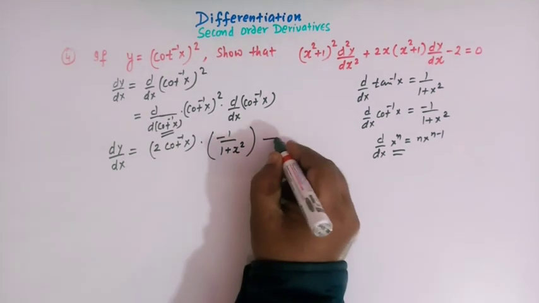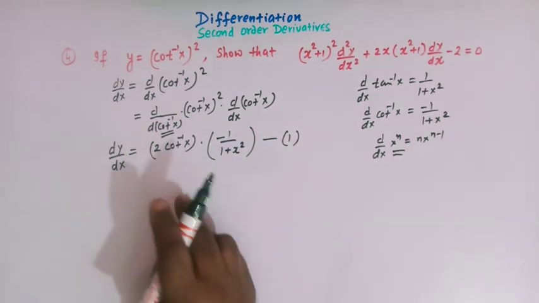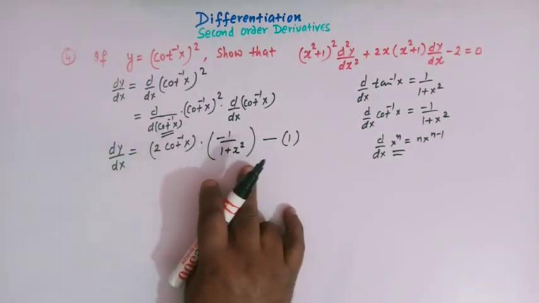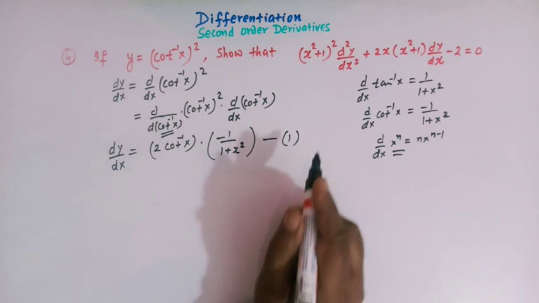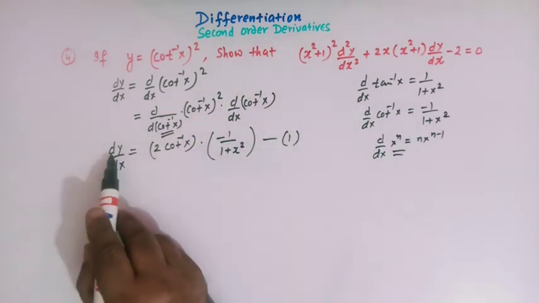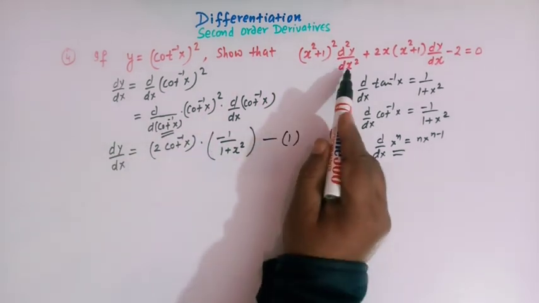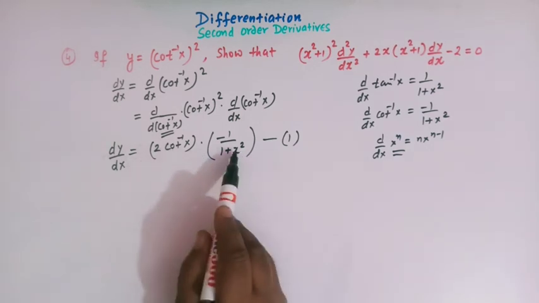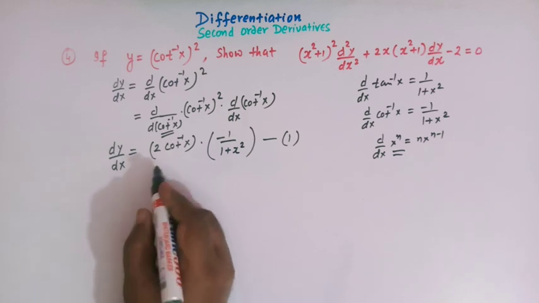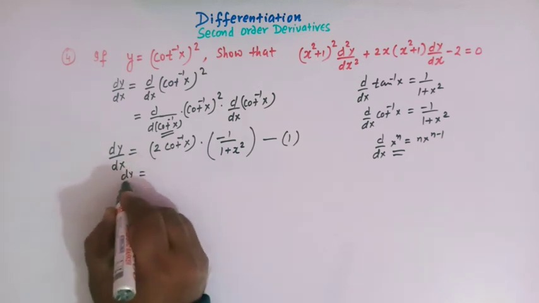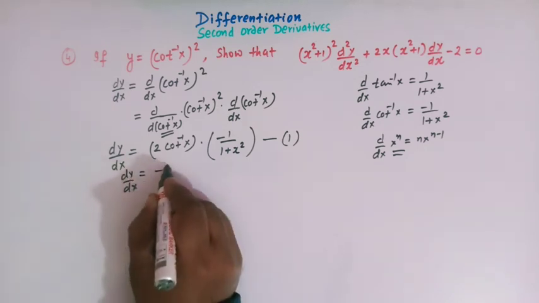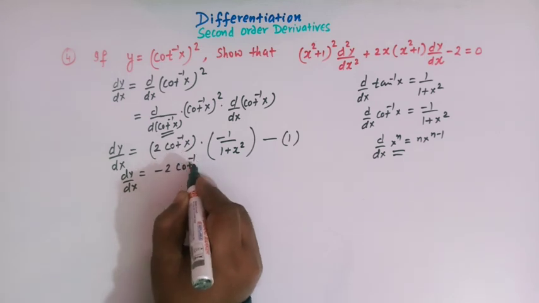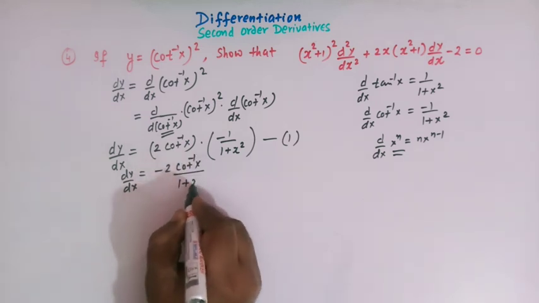Now this is equation number 1, and now we can differentiate both sides with respect to x to get the second derivative, that is d2y over dx2. But here we would have to use the quotient rule, because this is minus 2 cot inverse x over 1 plus x square.